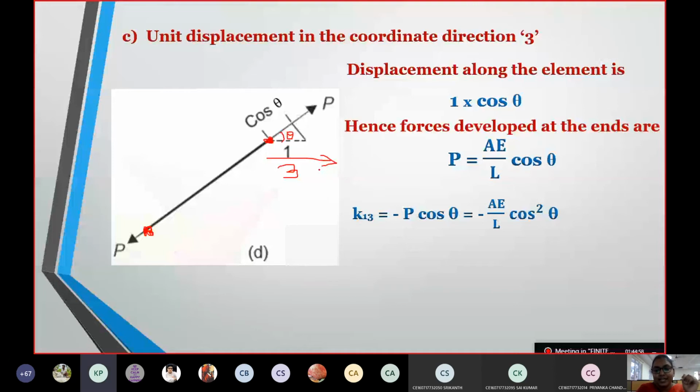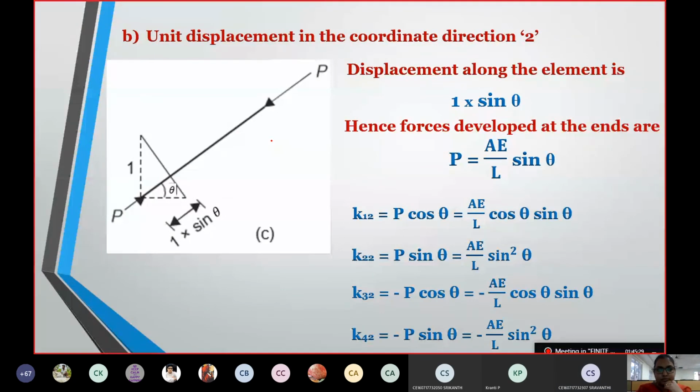Why is it that we got minus cos theta here? Excuse me? Ma'am, the student 307, he raised his hand, ma'am. Okay, Shravanti, 307. Ma'am, can you show once the previous slide?